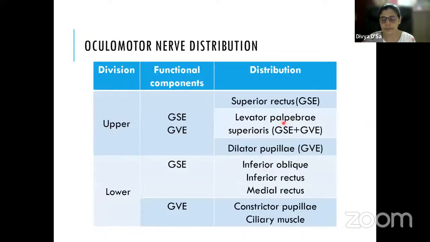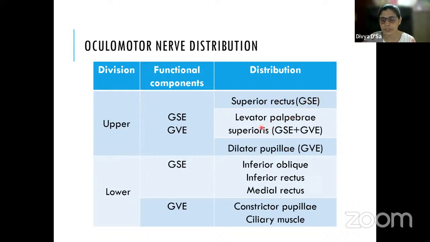After explaining the distribution, you can write about its divisions, functional components, and distribution, making a column. That is the easier and better way of representing the answer. We have the upper and lower divisions. Each division carries both general somatic efferent and general visceral efferent fibers. Superior rectus gets general somatic efferent fibers.